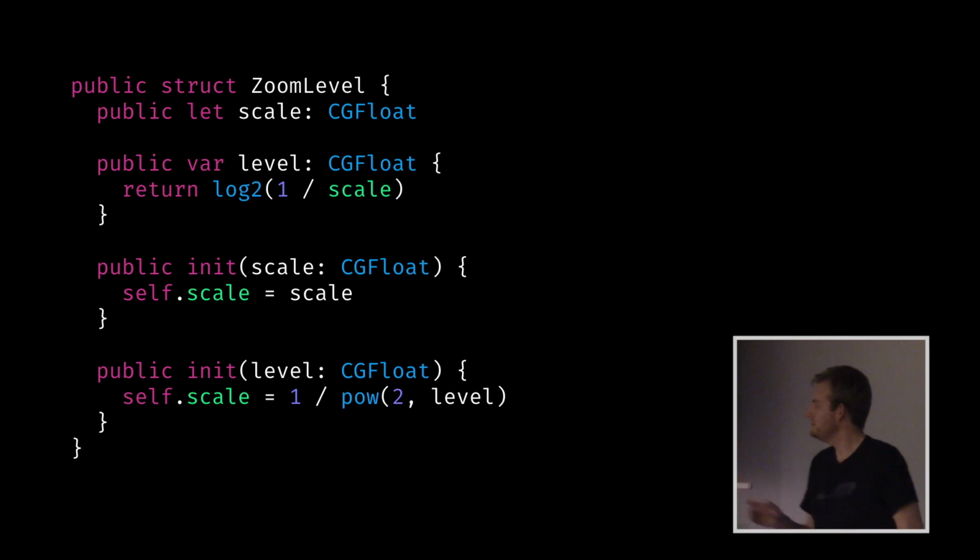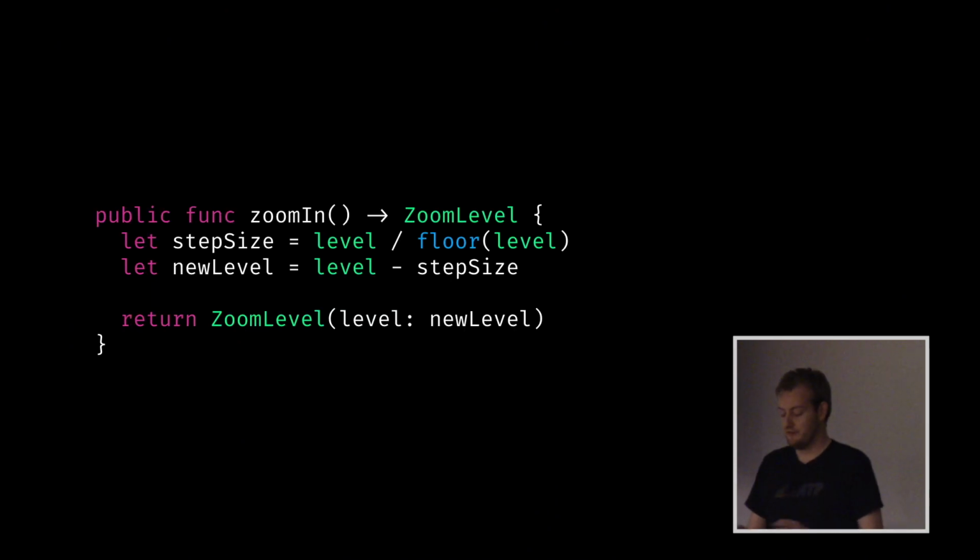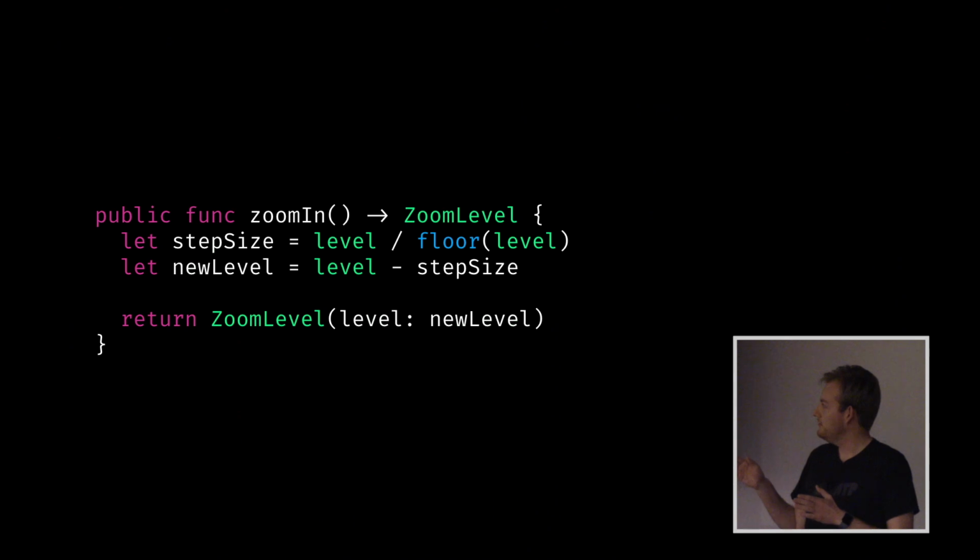So whenever you want to do something like this, it helps to create a struct to encapsulate all that logic. So this really represents the concept of a zoom level, where you can go from either a level to a scale or from a scale to a level. And then implementing the actual zooming, the calculation is pretty easy. You take the level, divide it by the floor of the level, because in the example where you start at 2.6, you want to zoom in 2 steps.